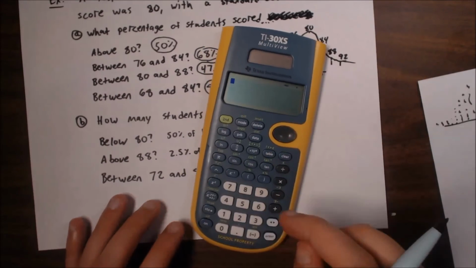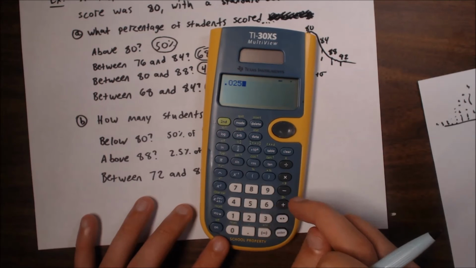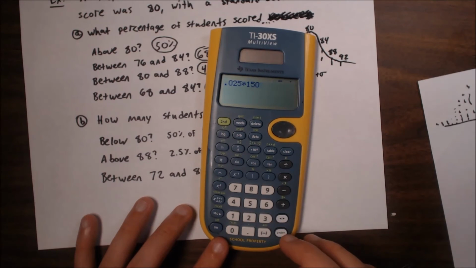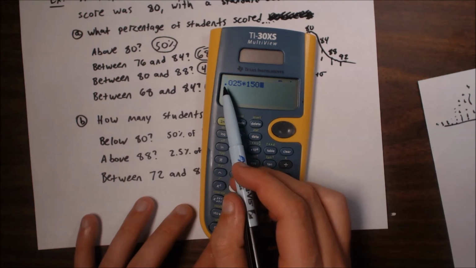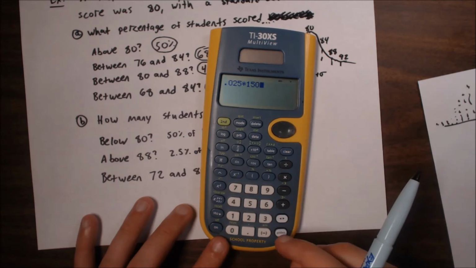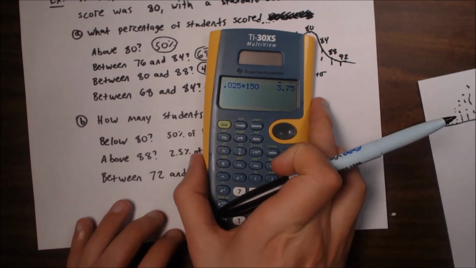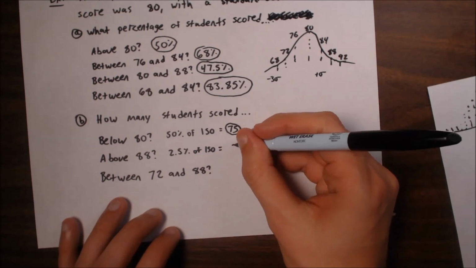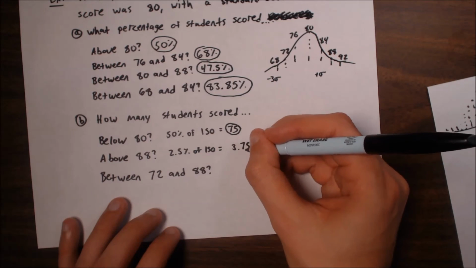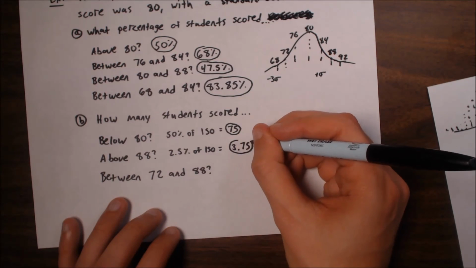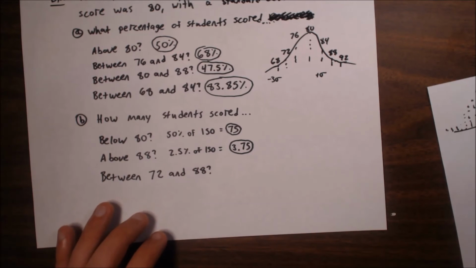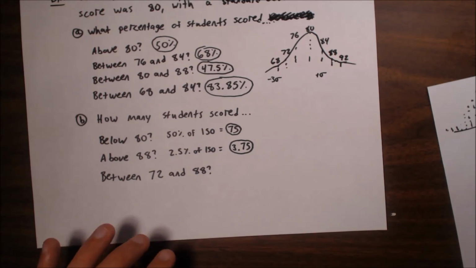So I'm going to do 0.025 times 150. Move the decimal to the right 2 times. 1, 2, that's 2.5%. 3.75 students. So not even 4 whole students. 3.75 students. Of course, you can't actually have 0.75 students, but in statistics, we can talk about it that way.